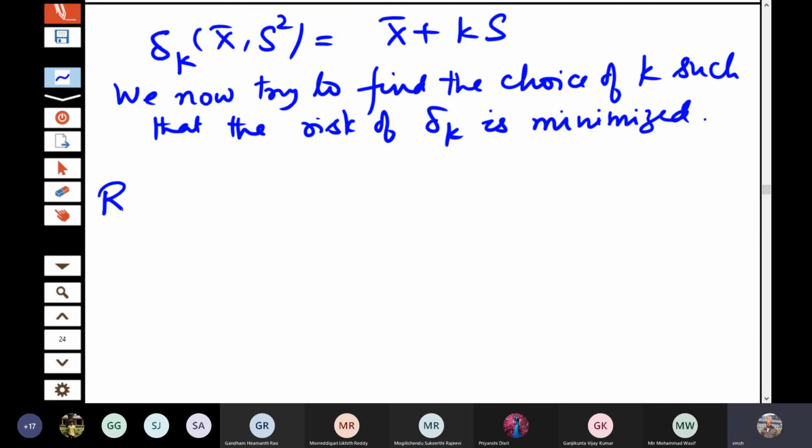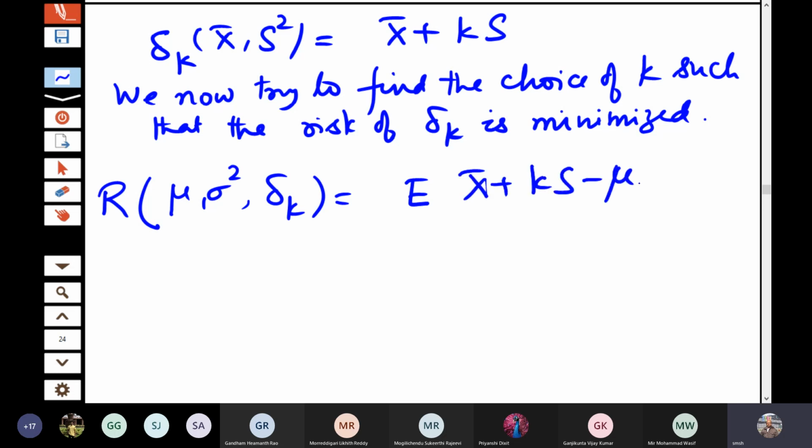So R(mu, sigma square, delta k), that is expectation of ((x bar plus k s minus mu) by sigma) whole square.